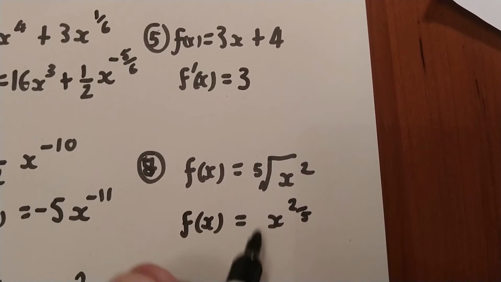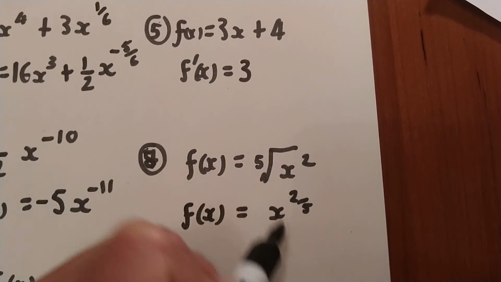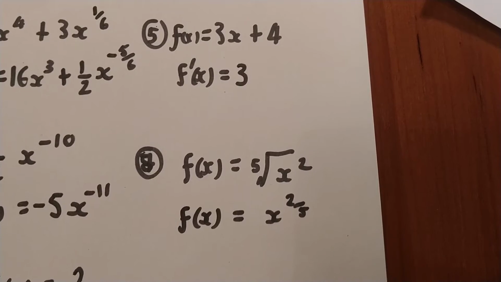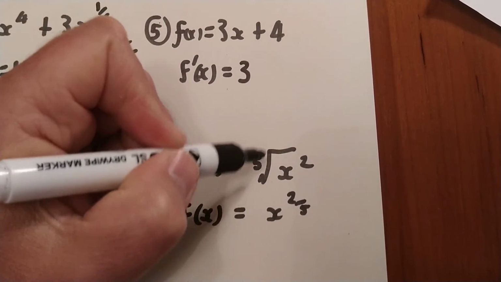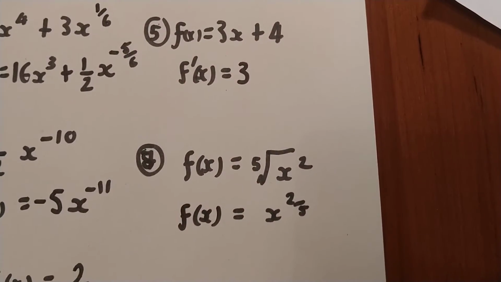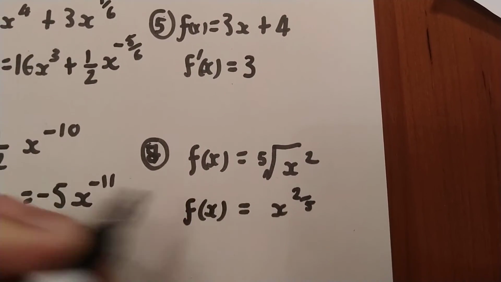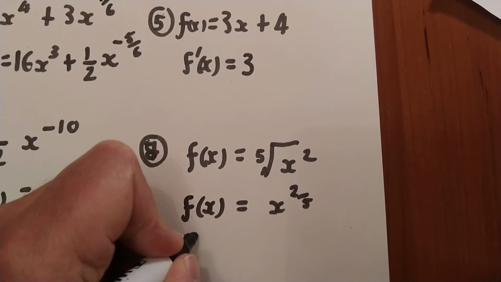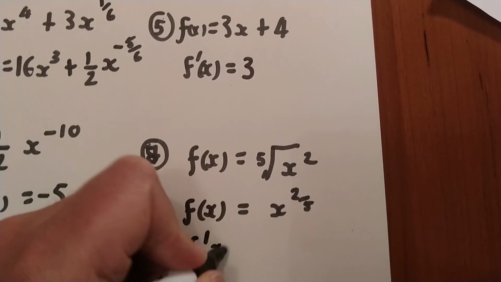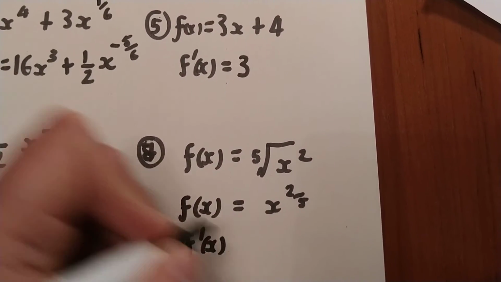There's no root involved now. Now it's in a form that I'm allowed to differentiate. So if we have a root sign, we have to get rid of the root sign. But once I rewrite it as this form, now I can say this is f dashed x. This is me differentiating.